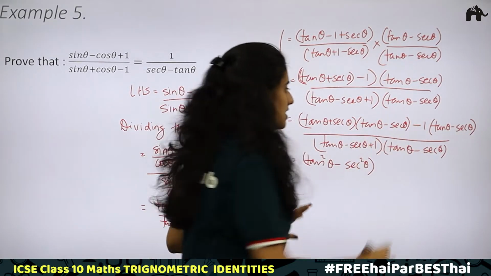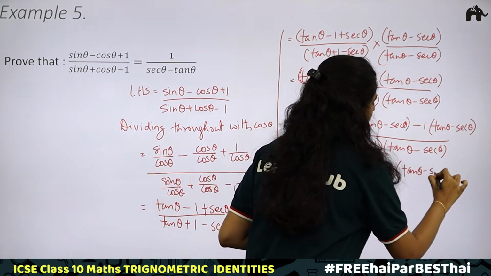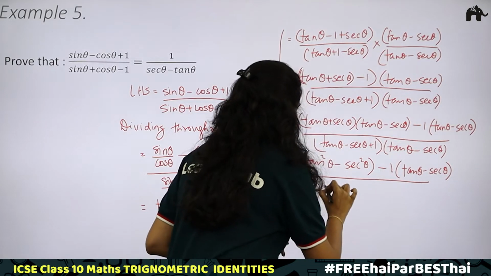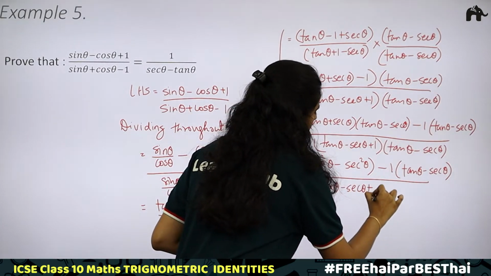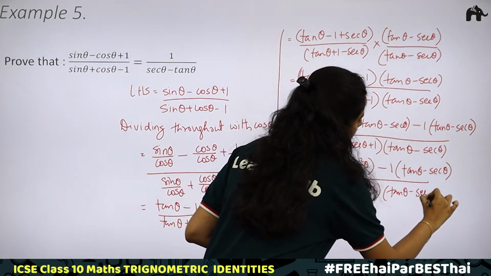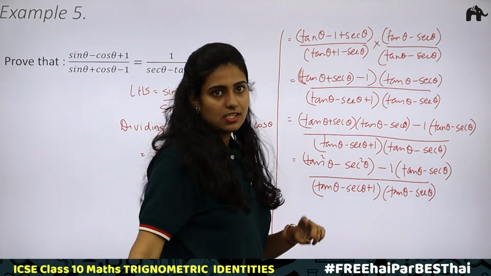Here we have a minus 1 into tan theta minus sec theta divided by the same thing, that is tan theta minus sec theta plus 1 into tan theta minus sec theta. Now what is tan square theta minus sec square theta?